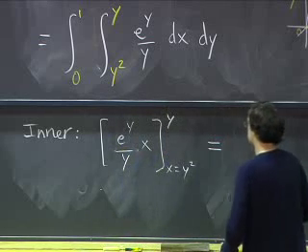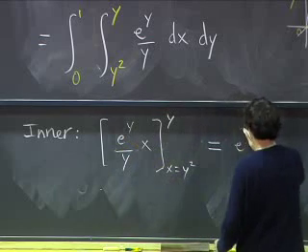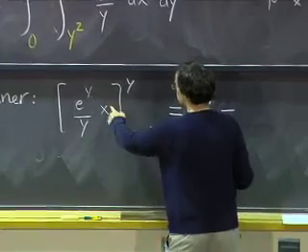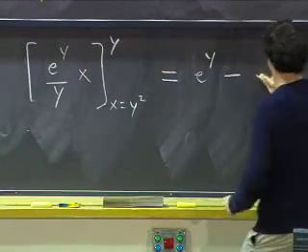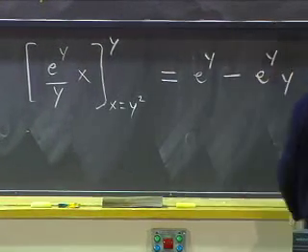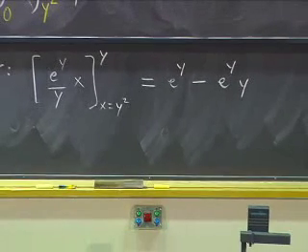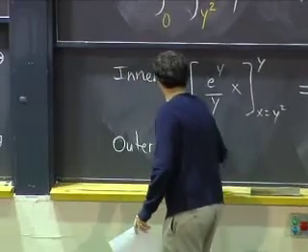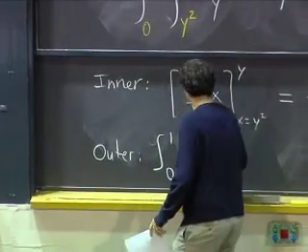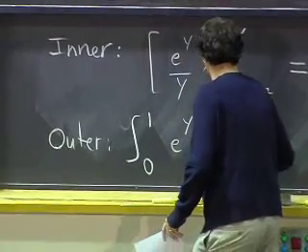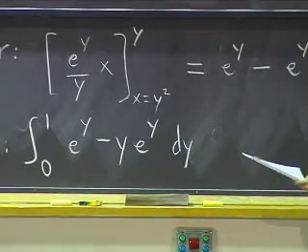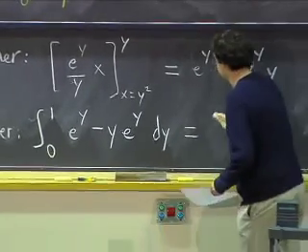If I plug in x equals y, I get e to the y, minus, if I plug in x equals y squared, I get e to the y over y times y squared, which is y e to the y. Now the outer integral is the integral from 0 to 1 of e to the y minus y e to the y dy. And that one actually is a little bit easier.